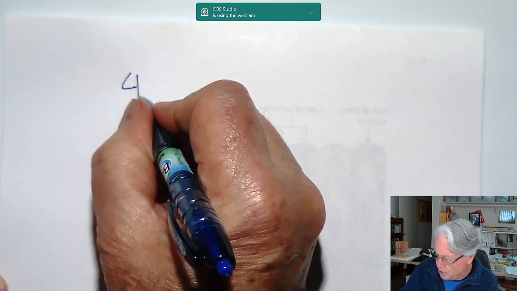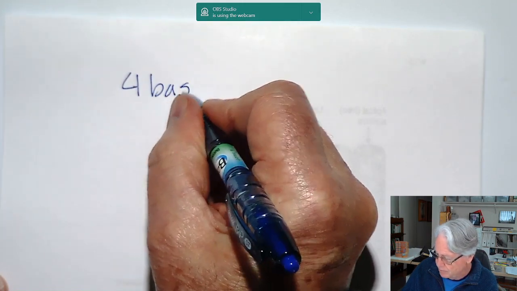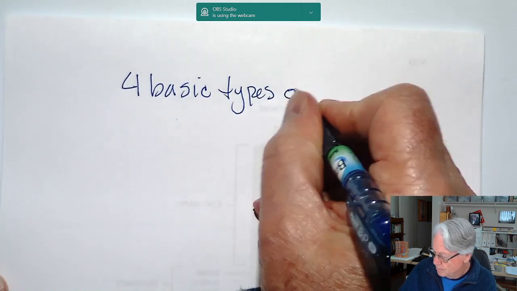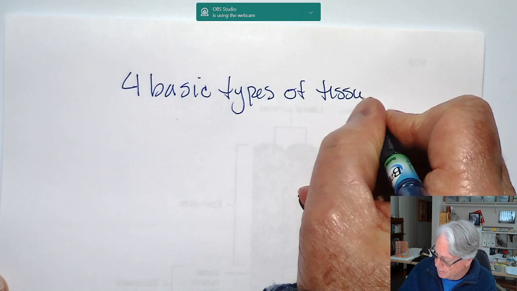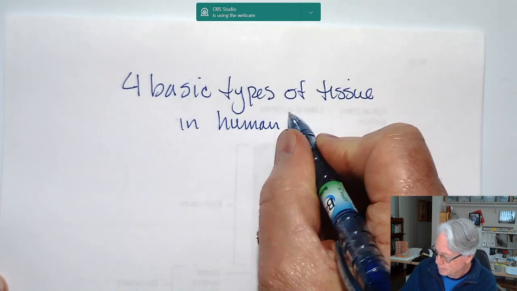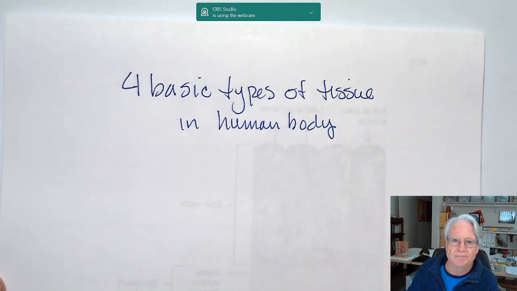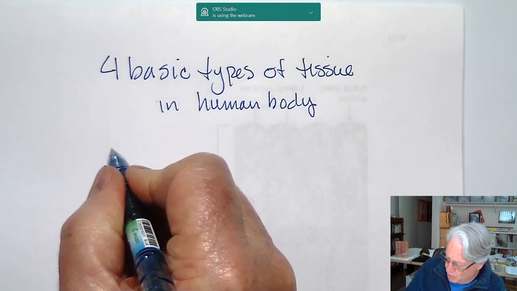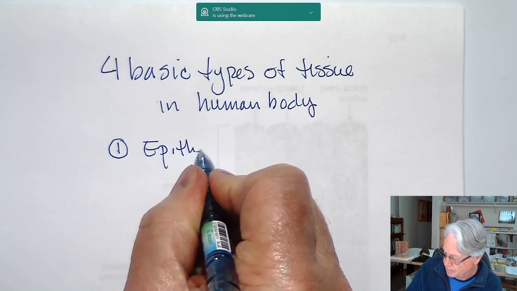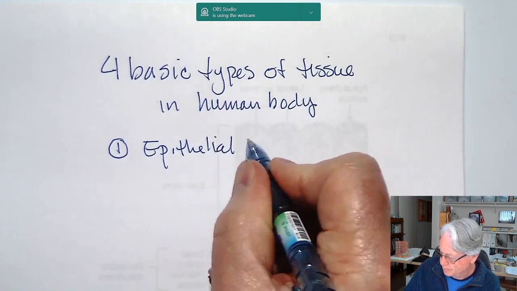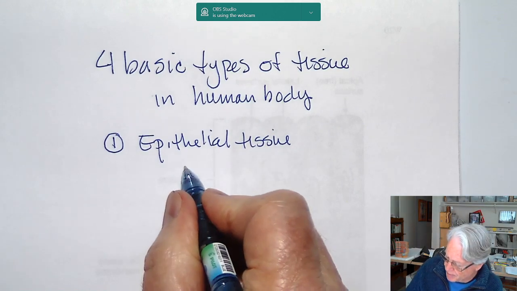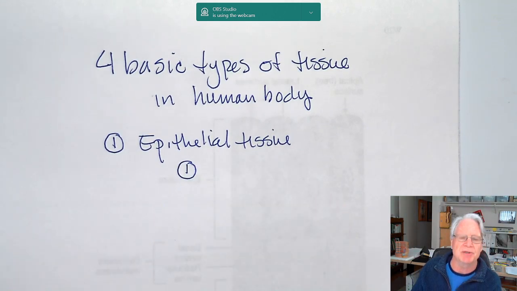There are, as you know, 4 basic types of tissue in the human body. Number 1, epithelial tissue. So this epithelial tissue is found in 2 forms.